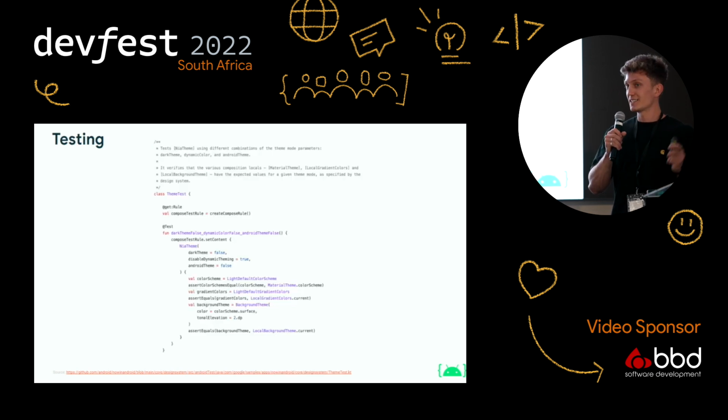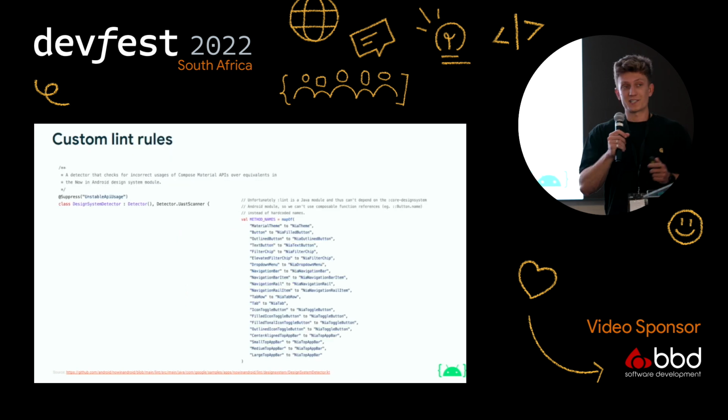We tested the design system, so we set up unit tests as well as instrumented tests to test things like theme configurations and various components in terms of how they react and how they look. We set up custom lint rules.